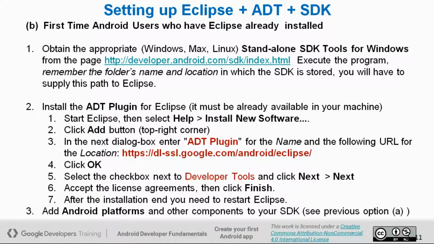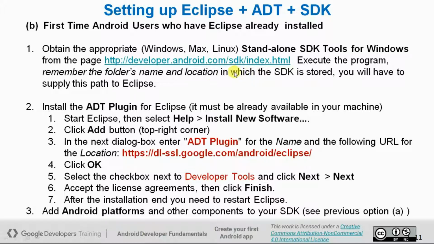So here, Android users, you already installed Eclipse, so you have to download ADT with SDK and ADT. Here, if you want to download the SDK tools, you have to download from this website, developer.android.com/sdk/index.html.